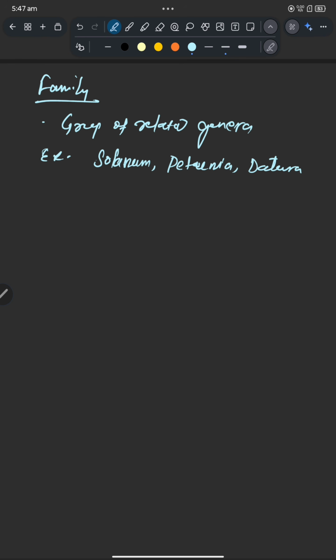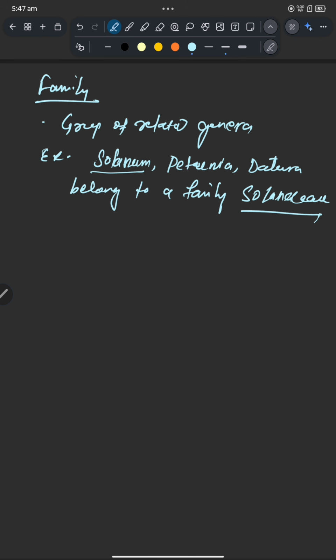So they belong to a family called Solanaceae. Okay, so these are genus. Solanum is a genus we have studied. Similarly, Petunia is a genus. Datura is a genus. Now, a group of related genus belongs to a family. So, this is an example of a plant. Now, come to the example of animal.